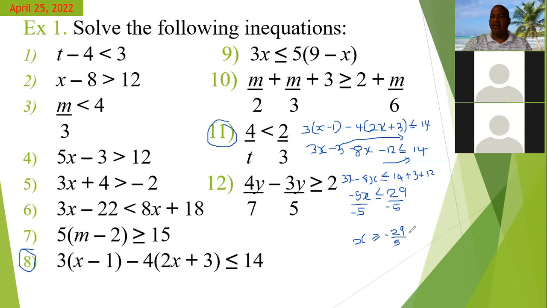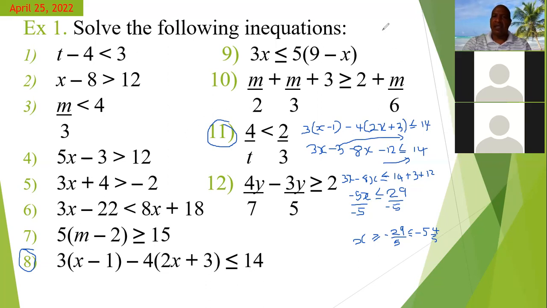Now, if you want to convert it to a mixed number, no problem. So we say 5 and 4 over 5, sir. 4 over 5, brother. All right. Yeah. So that would be correct. And remember, it's less than or equal to. Don't confuse the sign as I'm doing here. All right. So that would be for question 8.